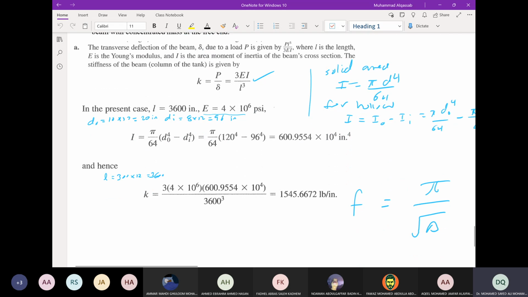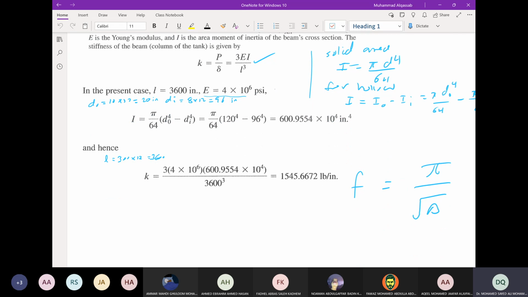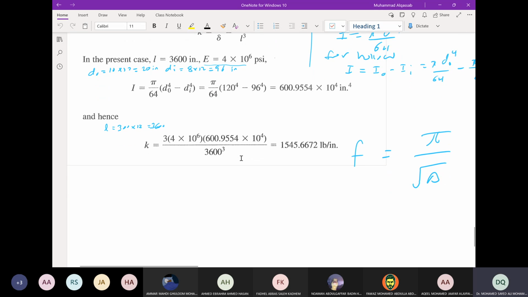I is pi over 64 times d outer to the power 4 minus d inner to the power 4, and then we get 600.9. Then we substitute in k and we find that k is 1545.6.